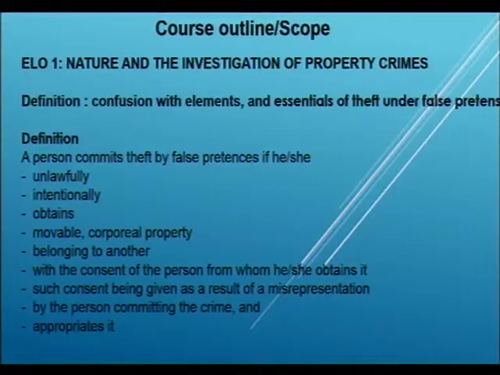A person commits theft by false pretense if he or she unlawfully and intentionally obtains movable corporeal property belonging to another with the consent of the person from whom he or she obtained it, such consent being given as a result of misrepresentation by the person committing the crime, and appropriates it.